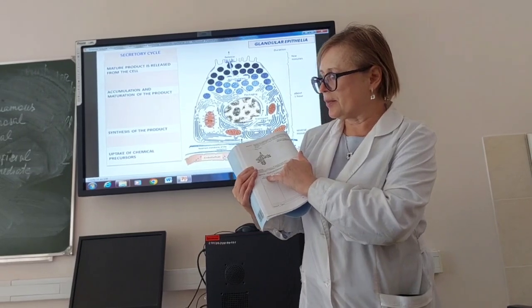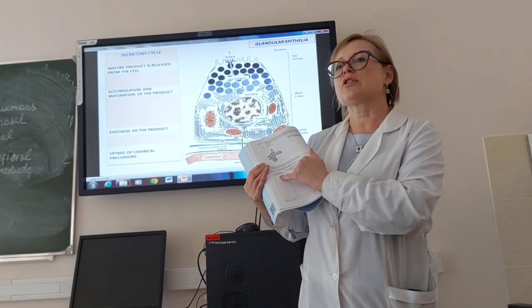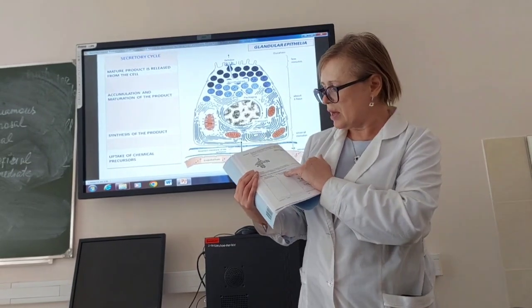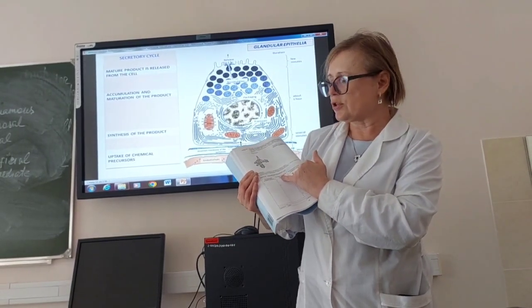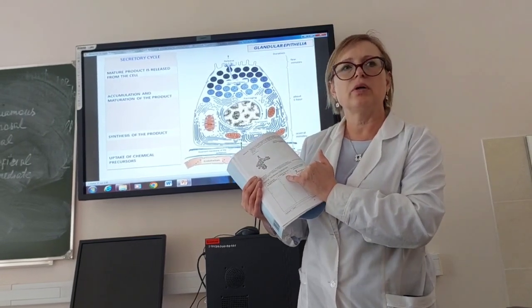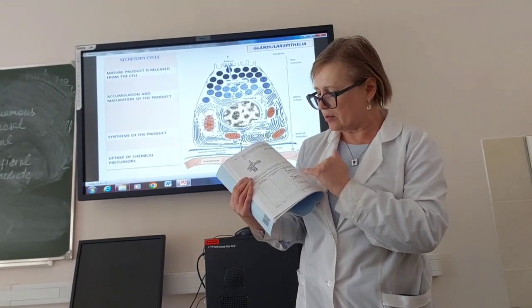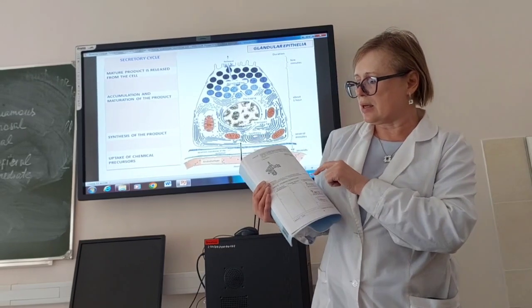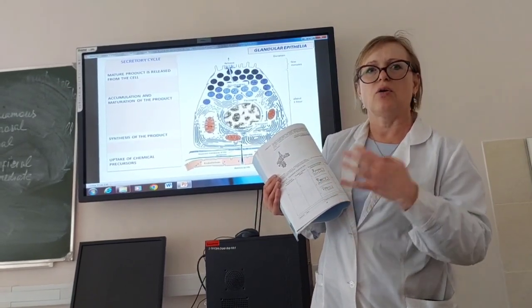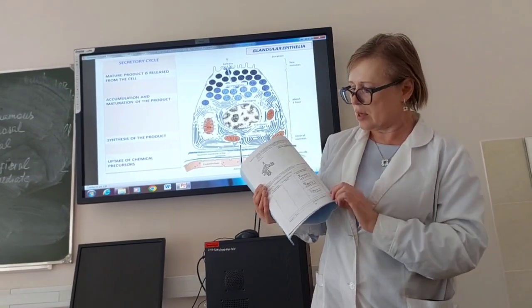First, how we classify glands according to the duct: simple, compound. After that, according to the shape of the secretory portion: tubular, alveolar. This is the classification according to the mode of secretion: holocrine, merocrine.